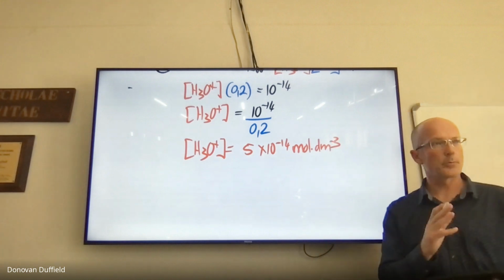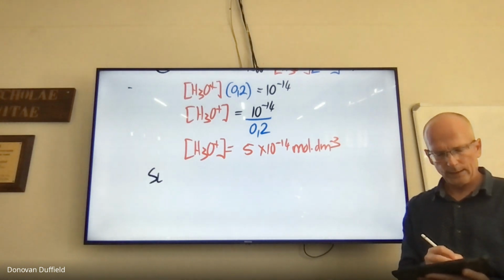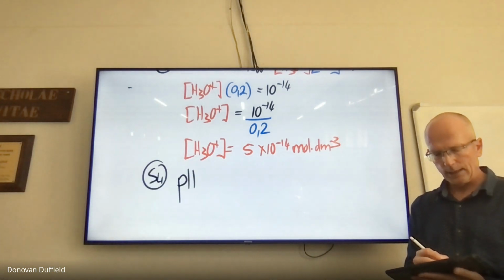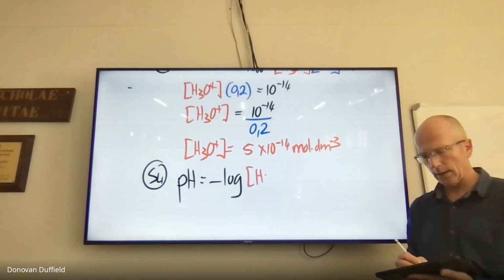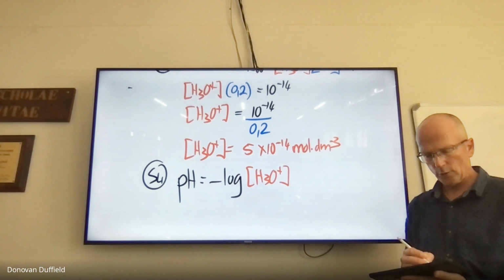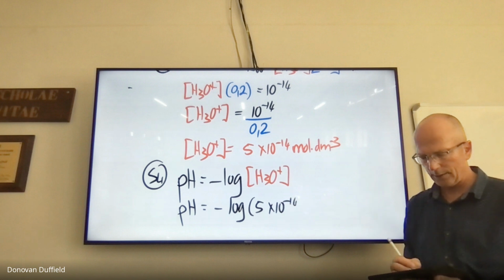Almost done. I said you'll be done by 4 o'clock. And then step number 4 is the pH is equal to the negative logarithm of the hydronium ion concentration. So your pH is going to be the negative log of 5 times 10 to the negative 14.